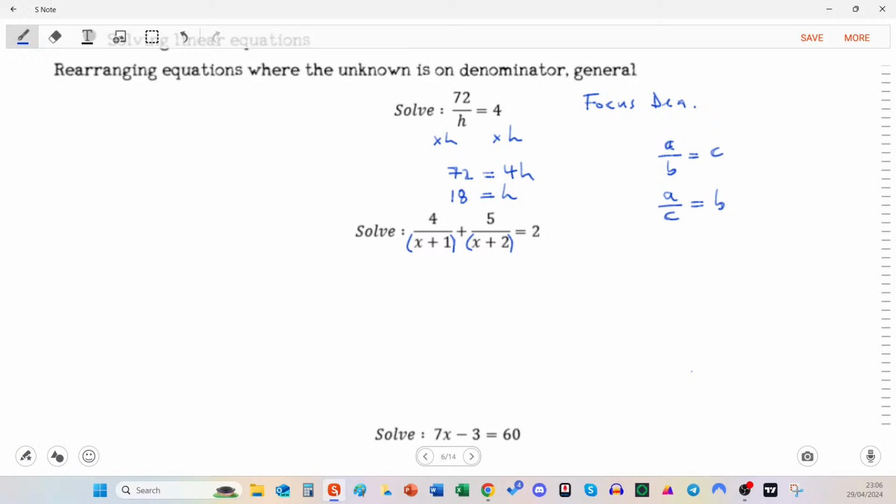And that's easiest if we take note of things like x plus 1 and x plus 2 as specific items. And we put a bracket around it so it's clearer to see the differences. So x plus 1, x plus 2, that's going to be the common denominator.